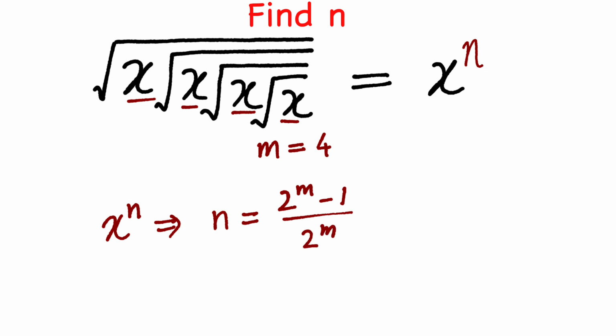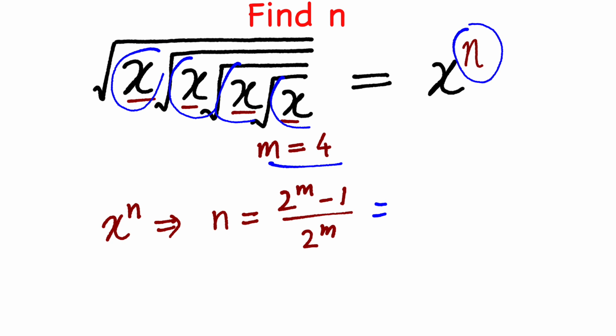Now for the given 4 x's, our m is 4, so we can simply find n by substituting the value of m equal to 4. So at the place of m we'll write 4. This is 2 raised to the power 4 minus 1 divided by 2 raised to the power 4. And what is 2 raised to the power 4?